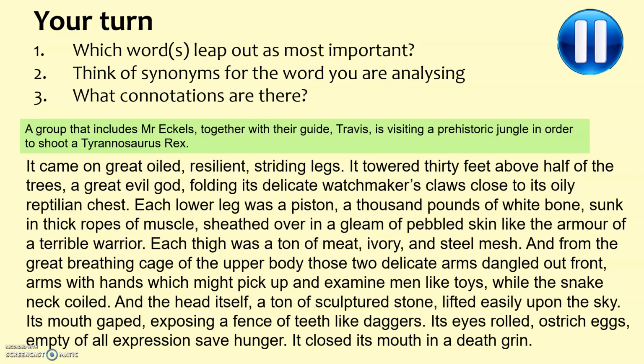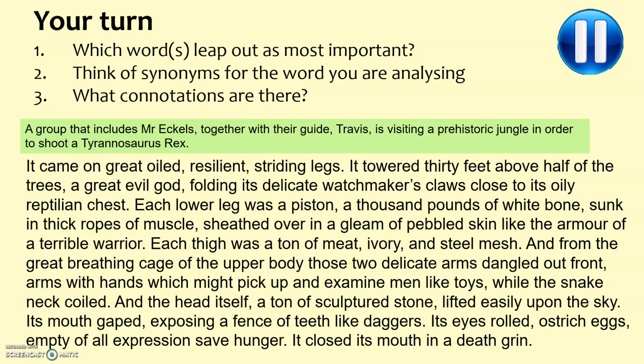It came on great oiled, resilient, striding legs. It towered 30 feet above half of the trees. A great evil god, folding its delicate watchmaker's claws close to its oily reptilian chest. Each lower leg was a piston, 1,000 pounds of white bone sunk in thick ropes of muscle, sheathed over in a gleam of pebbled skin like the armour of a terrible warrior.